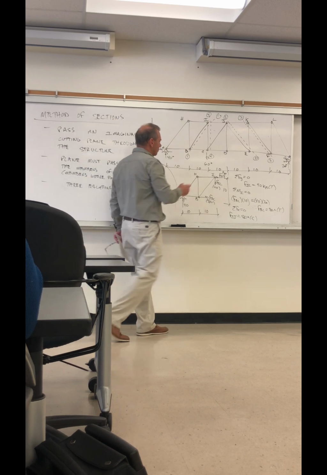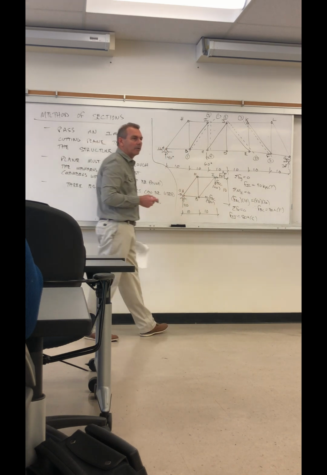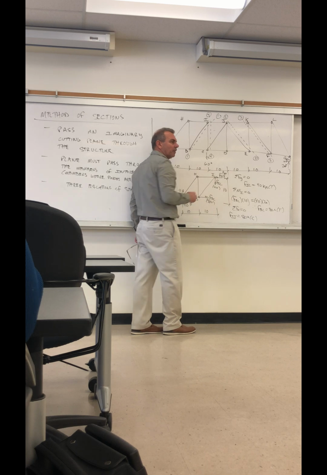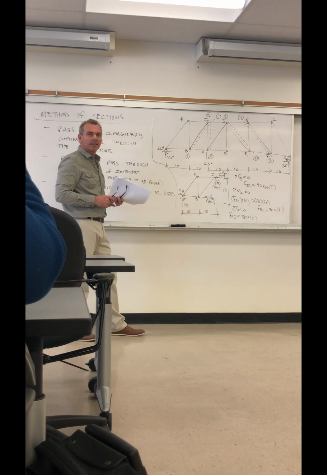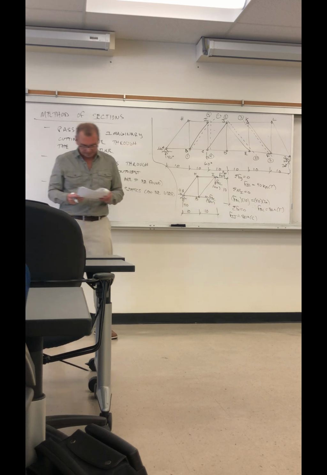So we have a compression force of 80 and a tension force of 80, and we found all three without having to start at point A and move through the structure. Is that clear? That's one example, section one. Go through the others.